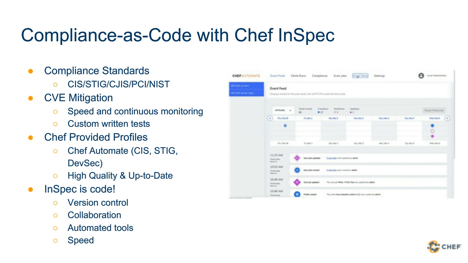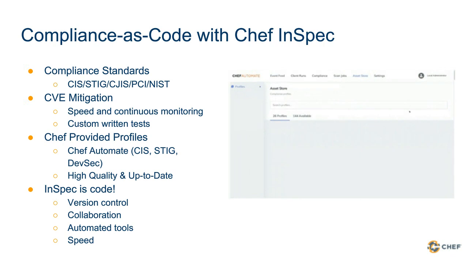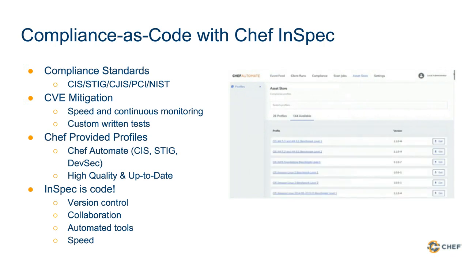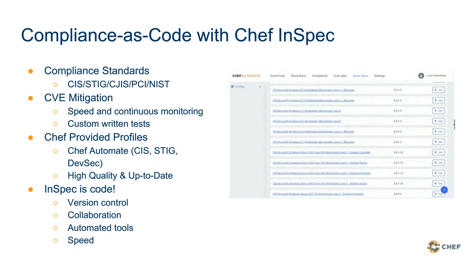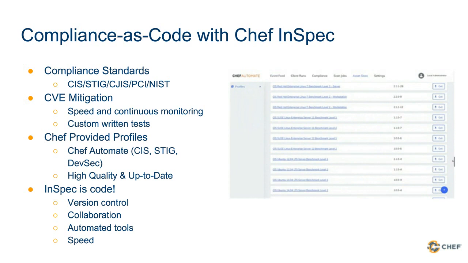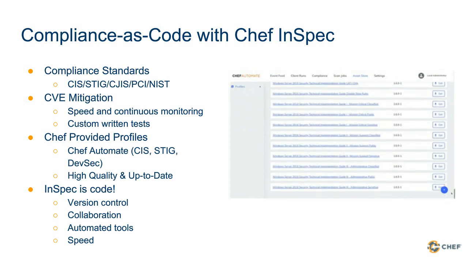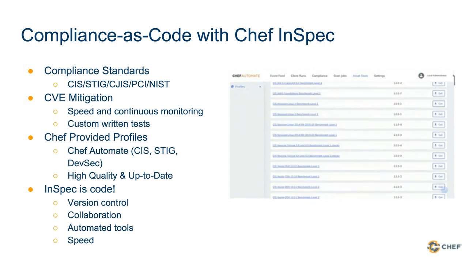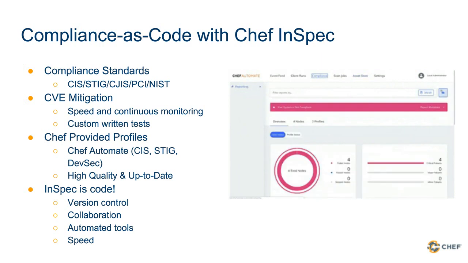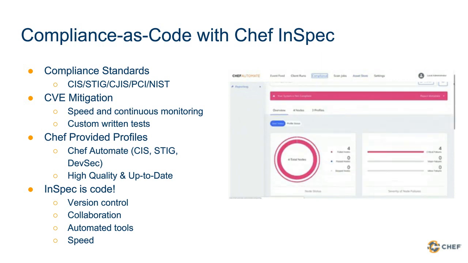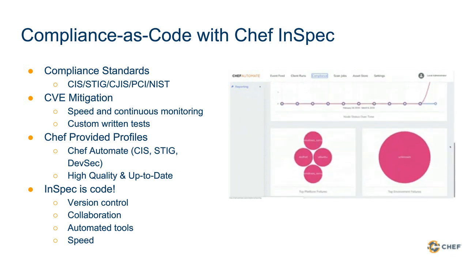And InSpec can define and run tests on resources and assess their states to satisfy controls that are identified by such organizations as NIST or DoD or PCI or any ISO, any industry standard organizations that publish a policy that either demands that things be set a certain way to achieve a compliance certification, or even just best practices to prevent threats.